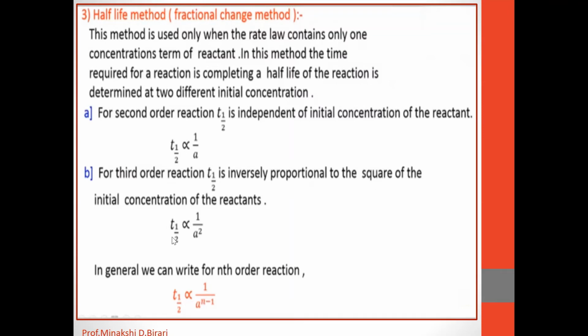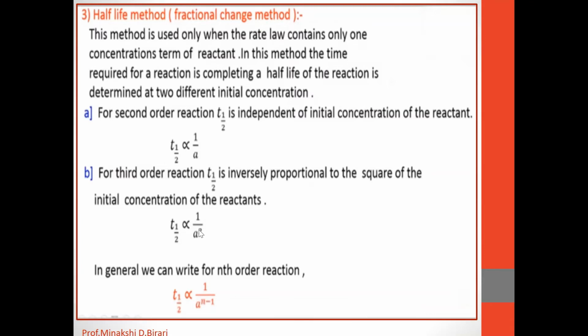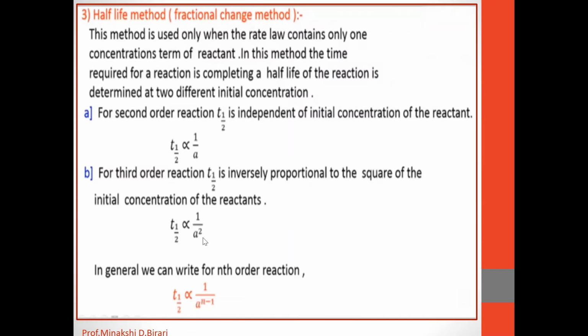So it is represented like that: T half is inversely proportional to the square of initial concentration of reactant. So for first order reaction, T half is independent of initial concentration of reactant.